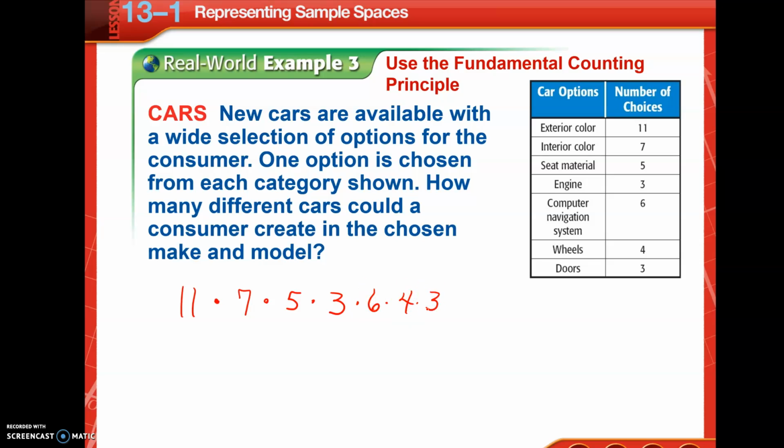If I multiply all of those, that will give us the total number of possible outcomes for different cars. And you see it's 83,160 total possible outcomes with these car options. All right, so if you have any questions, let me know.